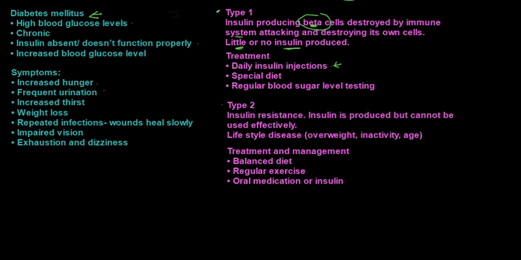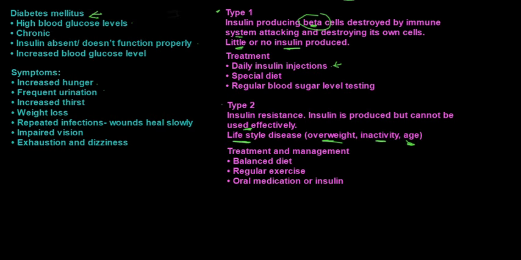Type 2. So this is a lifestyle disease. This is purely because people have been eating wrong and they haven't been looking after their body. So you'll see overweight or obese people with this, or inactive people, and it can also come with age. So insulin resistance is the main feature here. So insulin is produced by the body, but it cannot be used effectively.